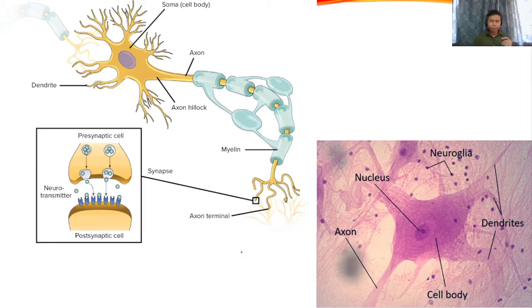Moving forward, a nerve cell looks like this one. Here, as you notice, there is a nucleus in between, and it is protected by a wide cell body. So here we have the nucleus, surrounded by a cell body.